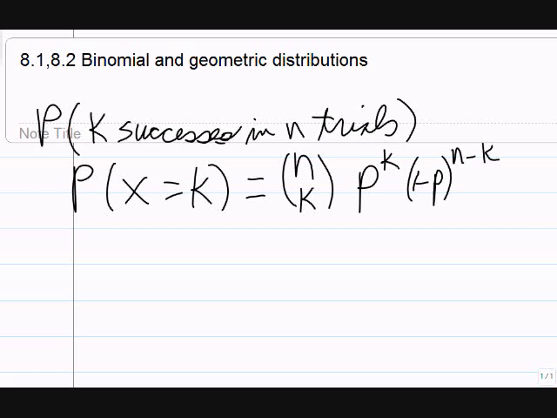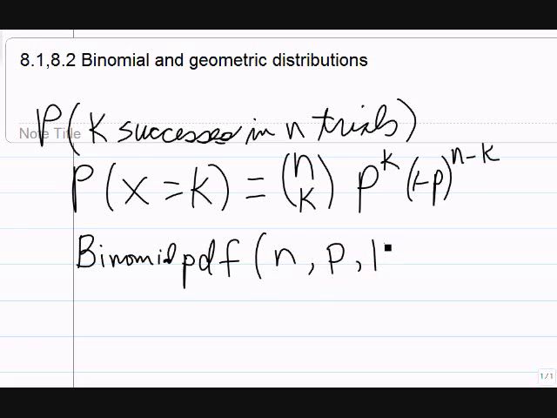Another way I can do this is in my calculator. It's called the binomial probability density function, PDF. The arguments for that are n, p, and k in that order.